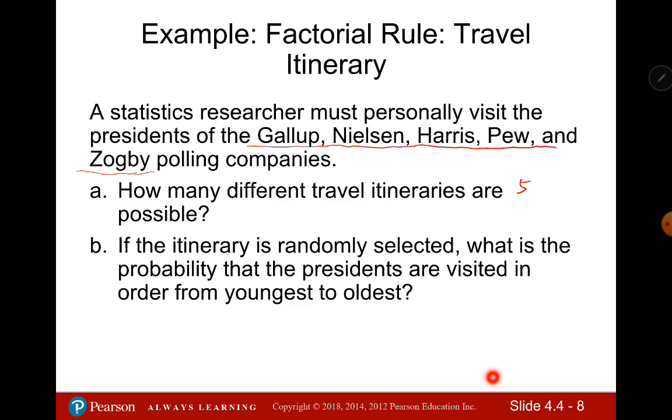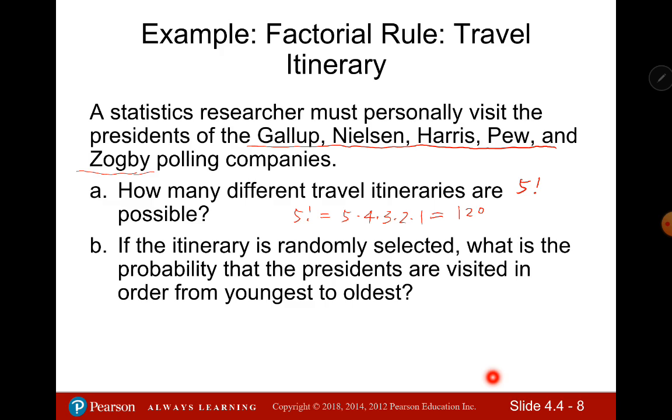How many possible outcomes? Because here we only have 5, n is equal to 5. So for this kind of problem, we use the factorial rule, right? So 5 factorial is 5 times 4 times 3 times 2 times 1. So it will be 120. If you have your calculator, you can easily get the factorial by using your calculator.